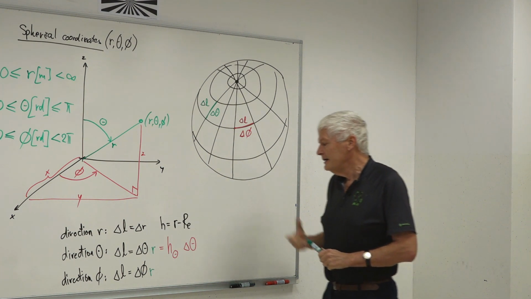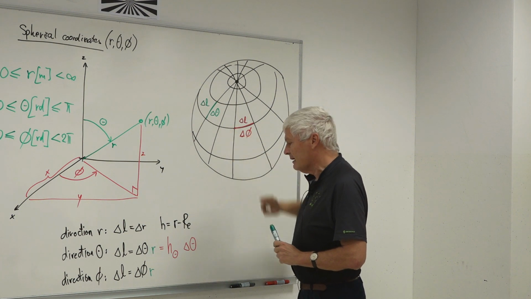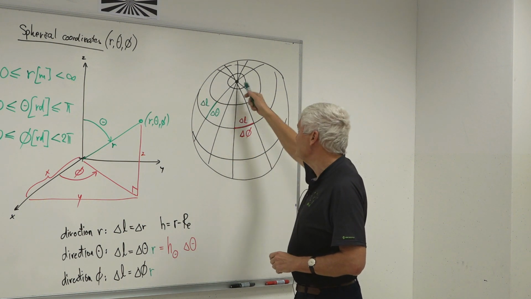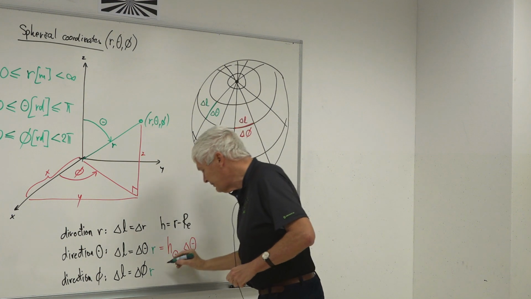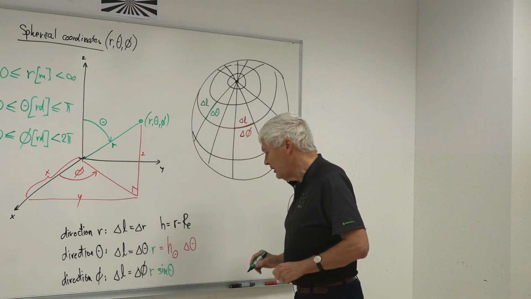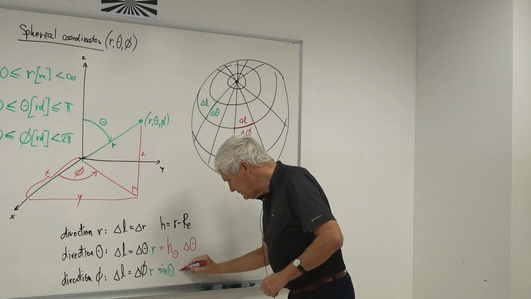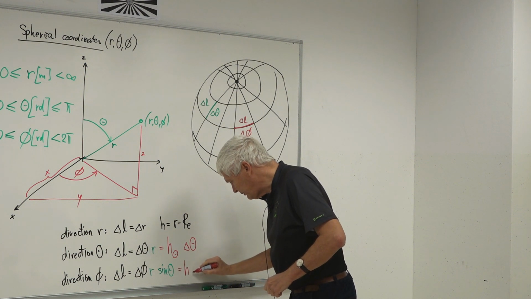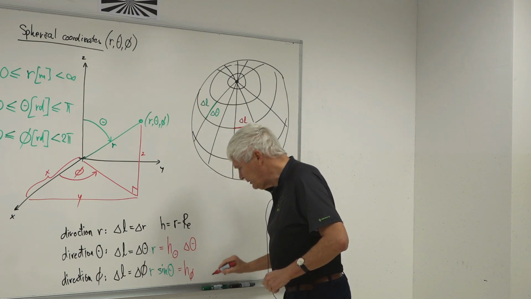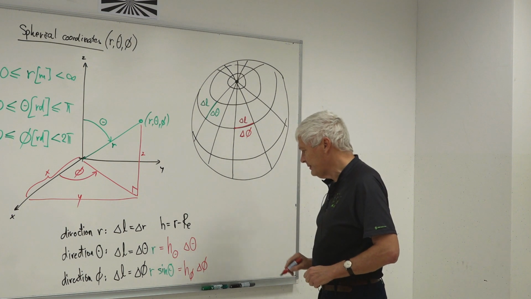So here I missed something. Not all parallels are of the same length. The smallest is on top, and here I have a term that's actually the sine of the polar distance, sine theta. Or written in a more mathematical form, this is the scale factor, or the Lamé coefficient, for the longitude times the difference of the longitude.